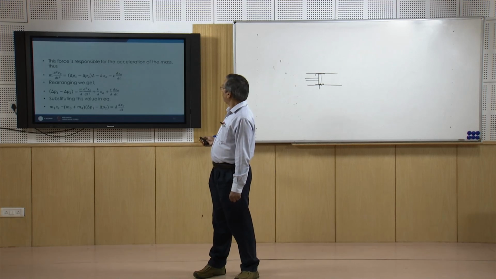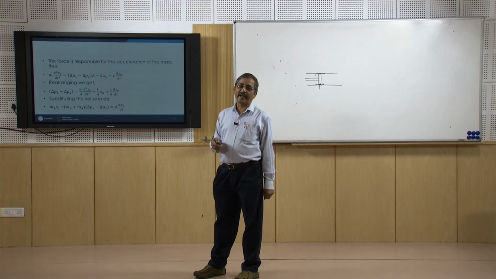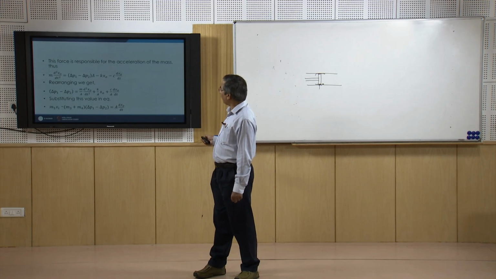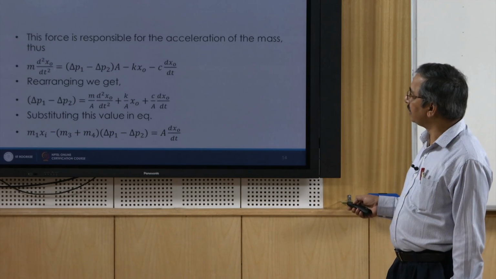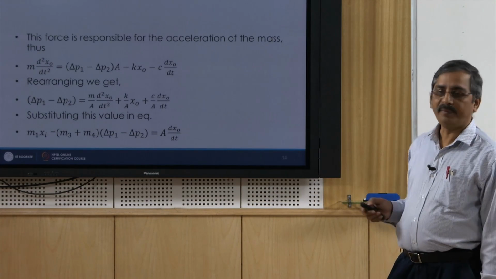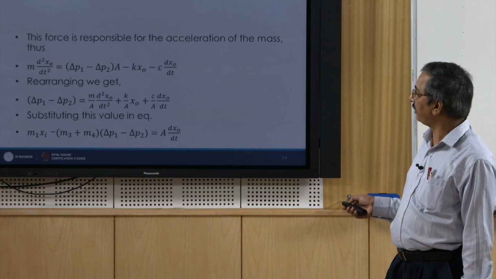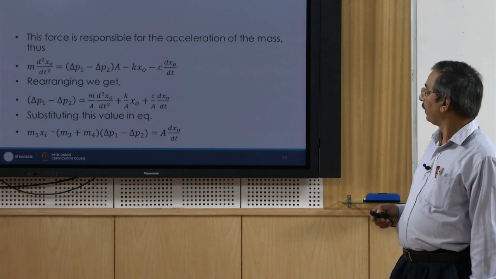So, as I said, this force is responsible for the acceleration of the mass. So, this net force I can write as mass into acceleration. Okay. And here you can see that it is the second derivative of x0, fine.